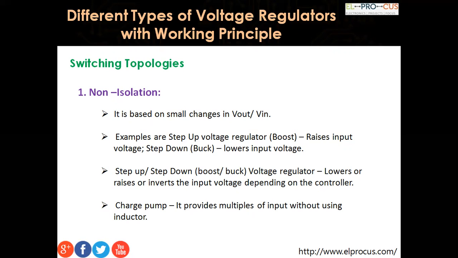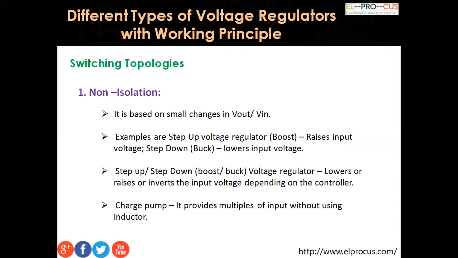At that time only we will get the magnetic field, and at that time only we will get the output voltage that will be in higher proportion, or in lower proportion, with respect to the input voltage. So we can say it is a charge pump voltage regulator, which will not use the inductor and which will give us a multiple of the input at the output.